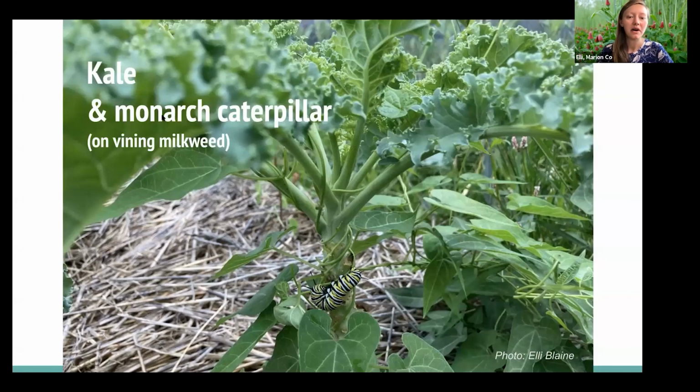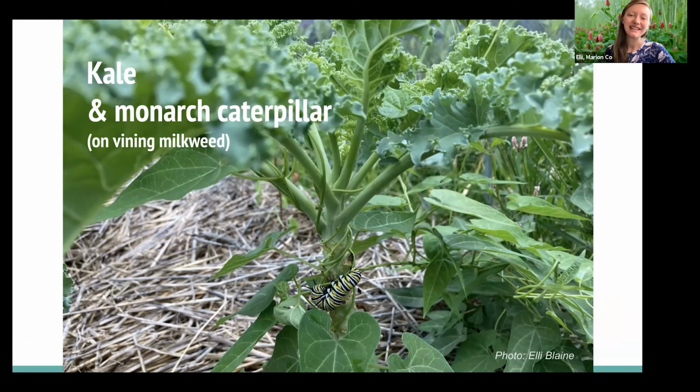And an example of this kind of going hand in hand with crop production is that we can support both our pollinators, our beneficial insects, and produce food at the same time if we center that as a goal. And here is a vining milkweed that I left on a kale plant. I did cut it back when it was strangling out the plant a little bit too much, but wanted to also provide food for this monarch caterpillar and not take it away.